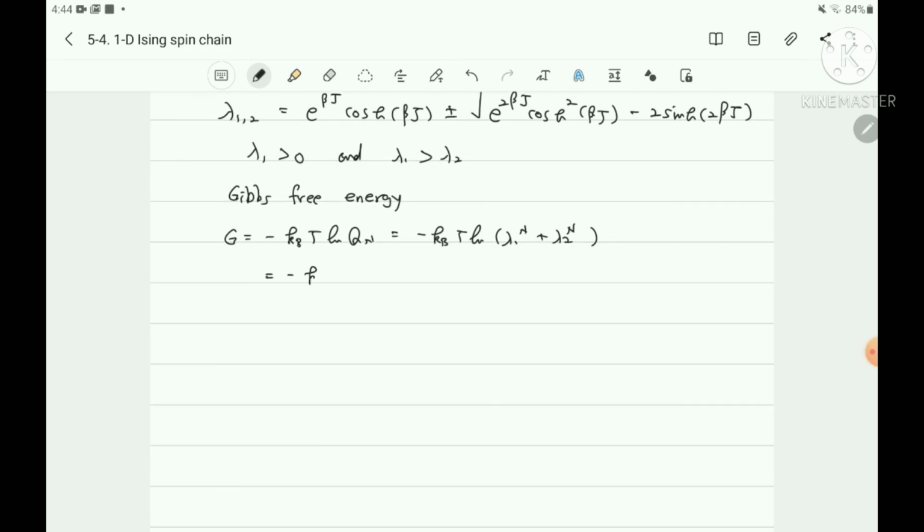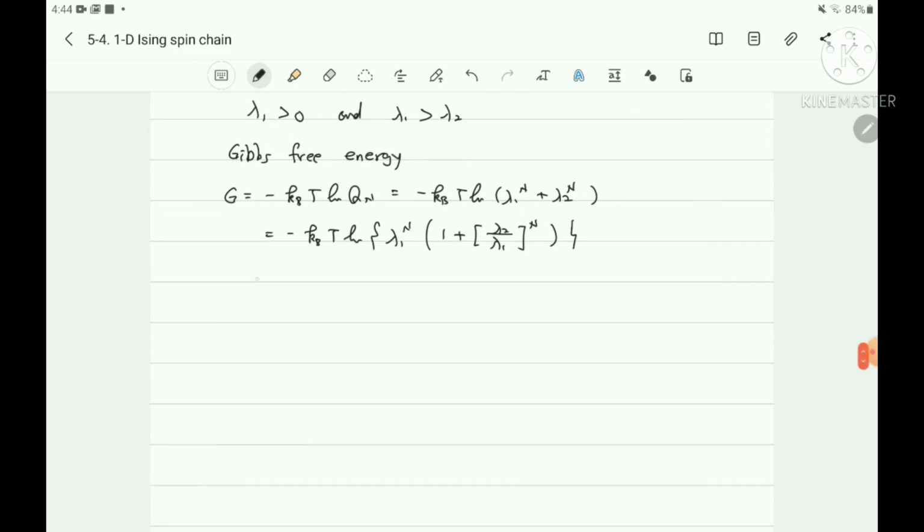Then it is minus kBT ln of lambda 1 to the n times 1 plus lambda 2 over lambda 1 to the n. In other words, it is minus kBT times n ln lambda 1 plus ln of 1 plus lambda 2 over lambda 1 to the n.